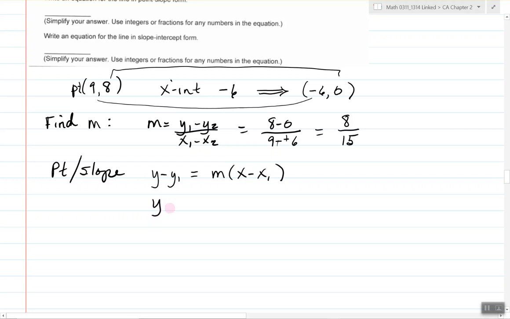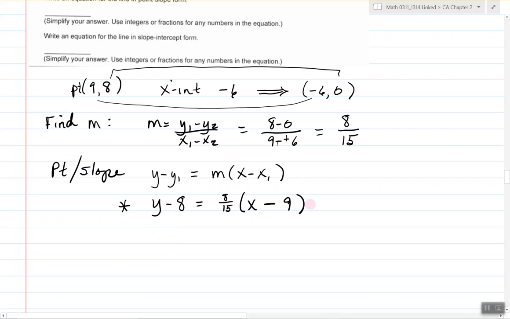So this is y minus, let's see, look here, the y value is 8. It's equal to 8/15 times x minus the x value of that same point, which is 9. That is the answer to the point slope form.